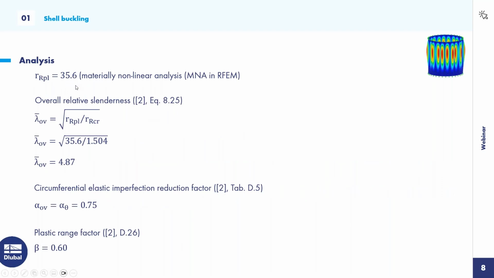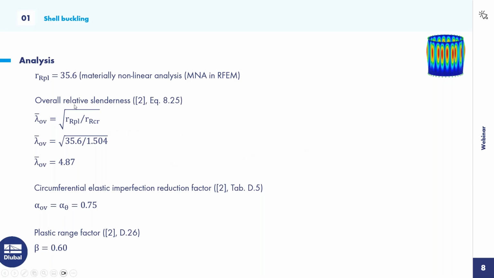And then we insert the values in the formulas or equations from the standard. I mentioned the equations from the standard here, and you can also find the standard Eurocode 3 part 1.6 in the bibliography of the PowerPoint slide.